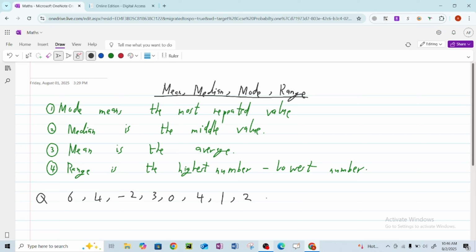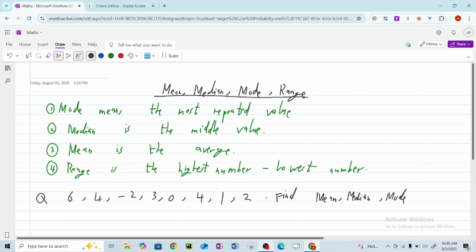Okay, and someone says find mean, median, mode, and range. Okay, now first of all, let's first find our mode. We're going to start from here. So let's first find the mode.